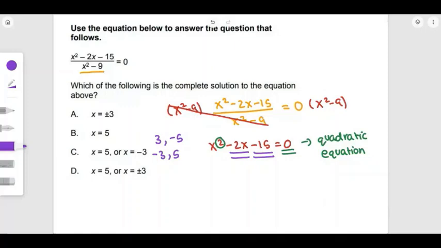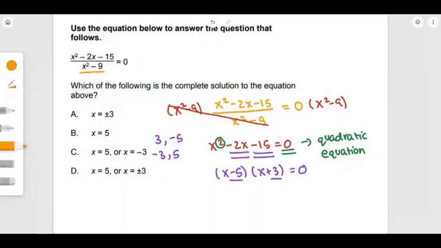The correct choices are x minus 5 and x plus 3. Now when we multiply negative 5 and 3, it will give us negative 15. And when we add negative 5 plus 3, it will give us negative 2. So those are the two correct factors.